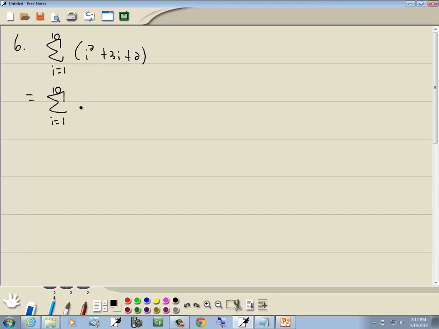So the summation from i equals 1 to 10 of i squared, plus, and I'll put this 3 out in front, 3 times the summation from i equals 1 to 10 of i, plus the summation from i equals 1 to 10 of 2. So again, we got our i squared, 3i, and 2. Split them into 3 separate summations, and then the 3 that's before the i, put out in front of the summation.